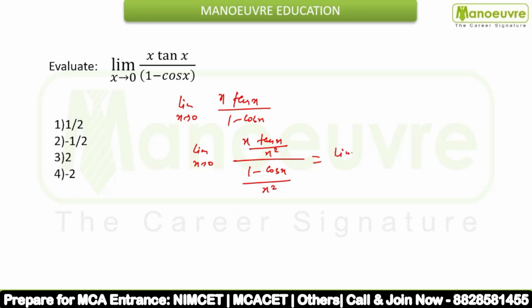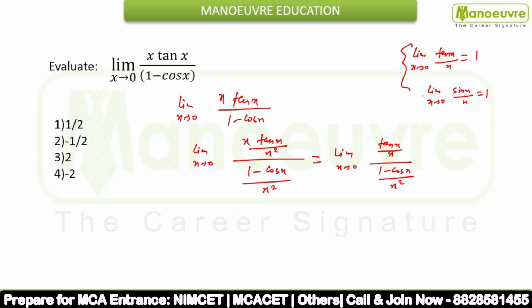So here you will get limit x tends to 0, tan x upon x upon 1 minus cos x upon x square, right? I hope you know the formula of limit x tends to 0, tan x upon x, this value is equal to 1, and limit x tends to 0, sin x upon x is equal to 1.